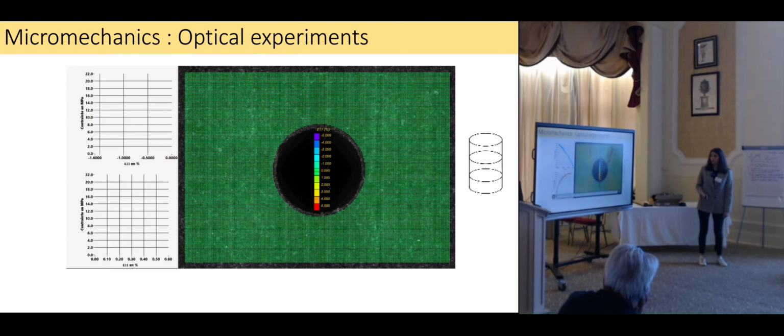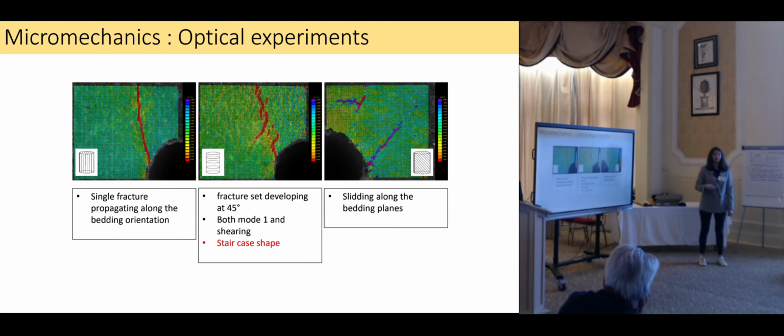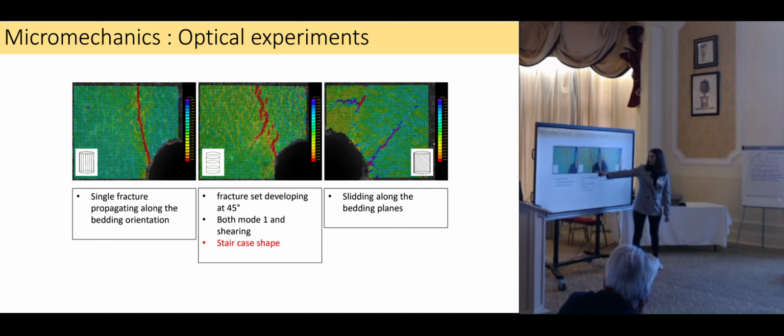So we wouldn't have been able to see that with classical deformation, which is the reason why those optical experiments are really important. And also we've been highlighting the importance of anisotropy and fracture pattern, because if you repeat that kind of experiment on different samples with different anisotropies, you're going to have different fracture patterns. So this is the one that I've been showing with the staircase fracture. And this is with a vertical bedding.